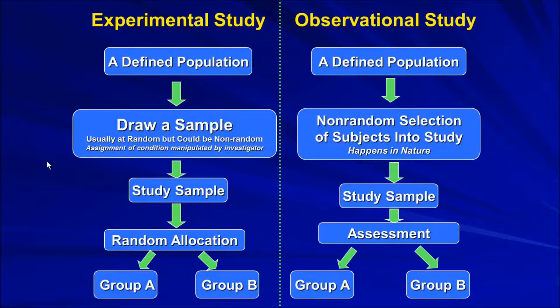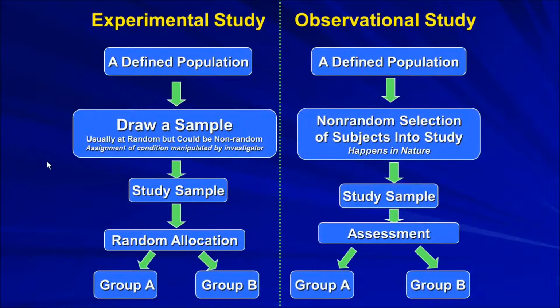So if we look at an experimental study versus an observational study, you notice that we have a defined population in both cases. Usually with an experimental study, we draw a sample at random, but it could be non-random. But the primary distinction, again, is that the assignment of the conditions is manipulated by the investigator.